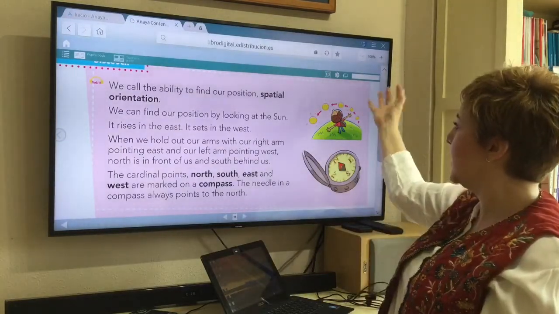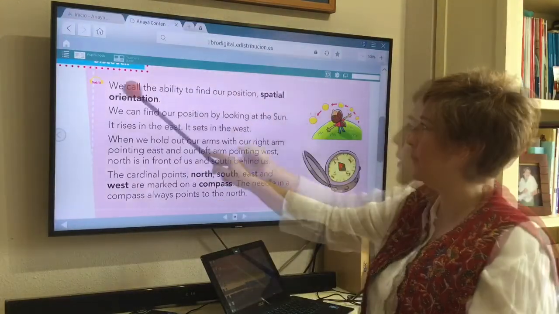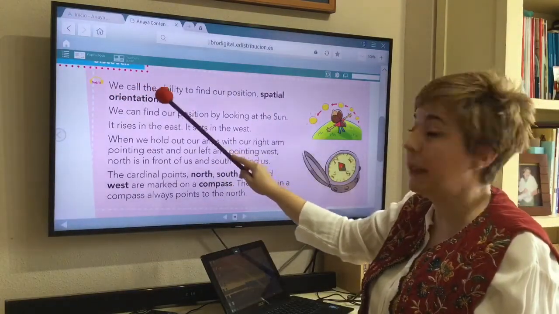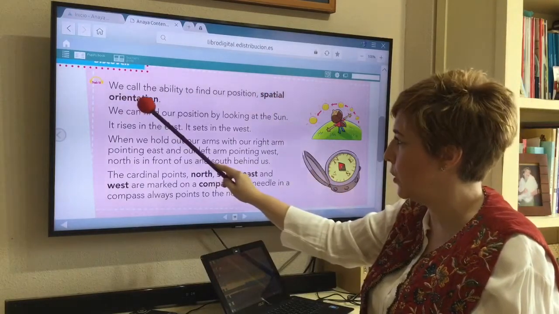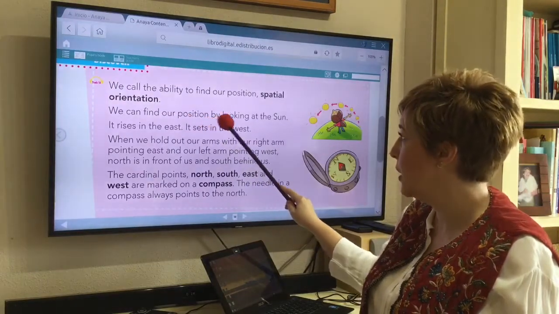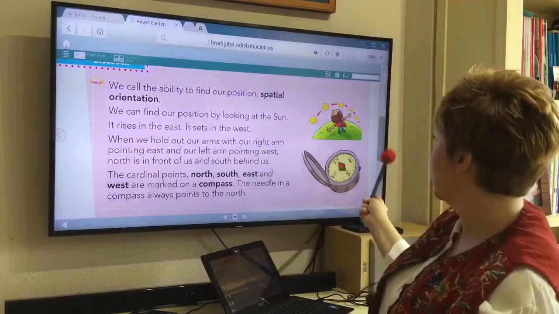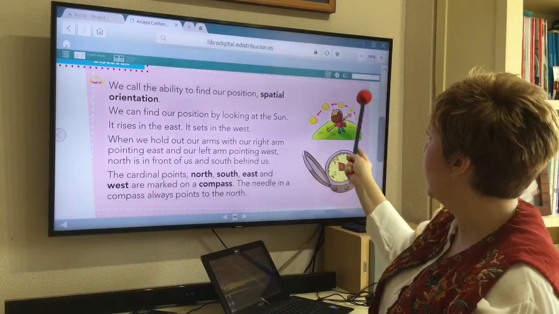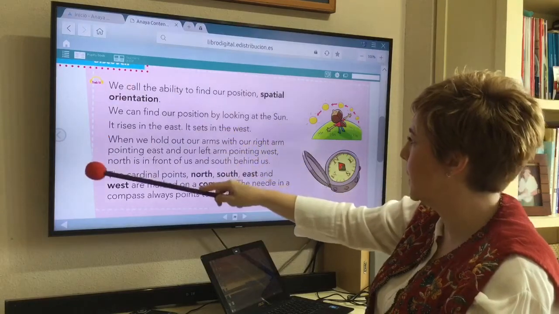Rises in the east, sets in the west. Let's read this. We call the ability to find our position spatial orientation. We can find our position by looking at the sun that rises in the east, goes up, and sets in the west.